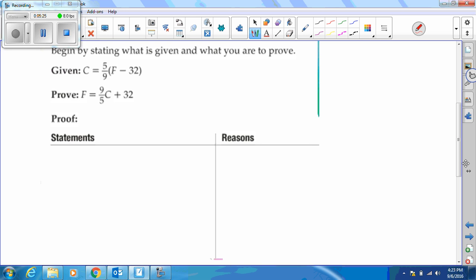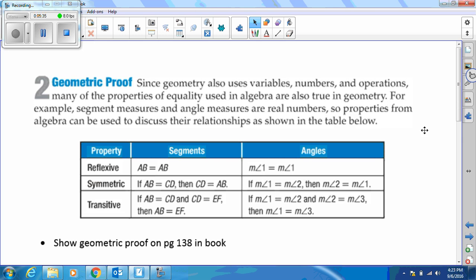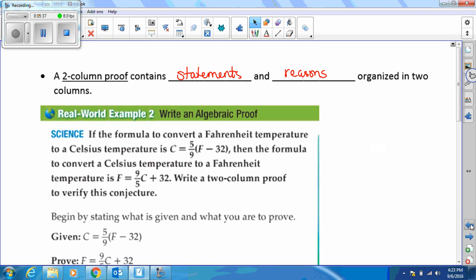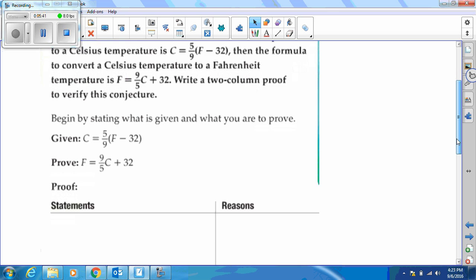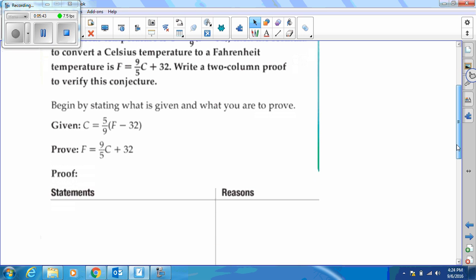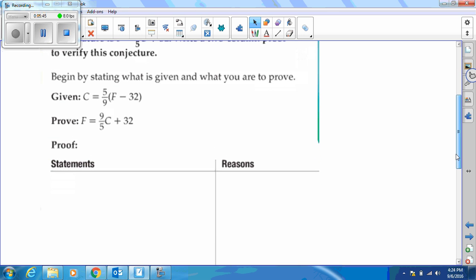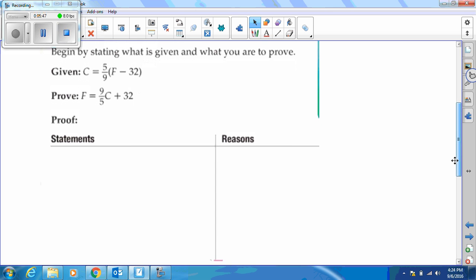Before we do that, I want to draw your attention to one out of the book for you to see. Well, maybe that's later. Okay, so I'm just going to show you what this one's going to look like. We're going to do a two-column proof with this. It's still algebraic, but I just want you to see how it's set up.